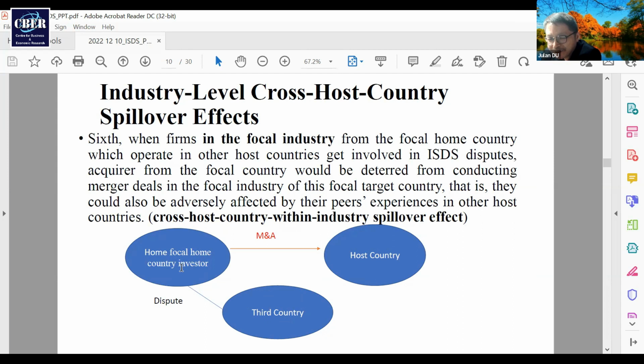If focal home country investors have disputes with the third country host government, then this focal host country could seem a better destination for their investment. So there could be a relocation of investment from the third country to the host country.